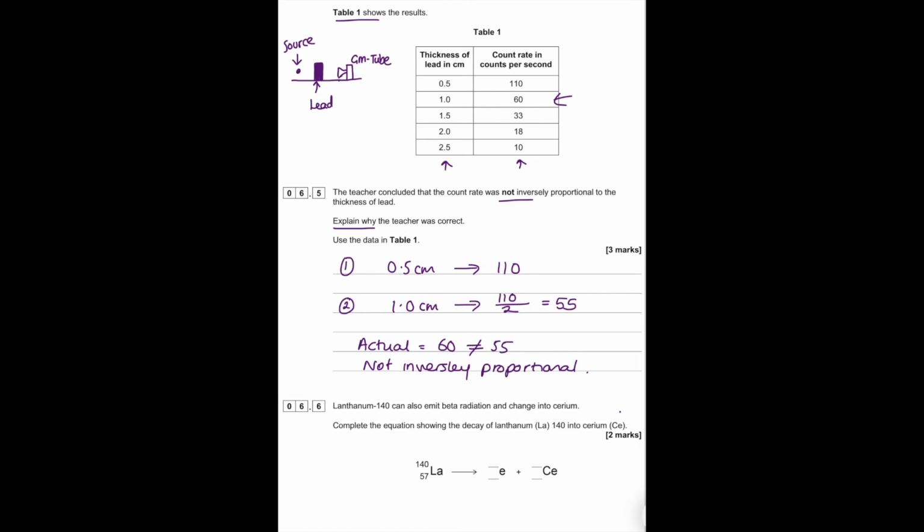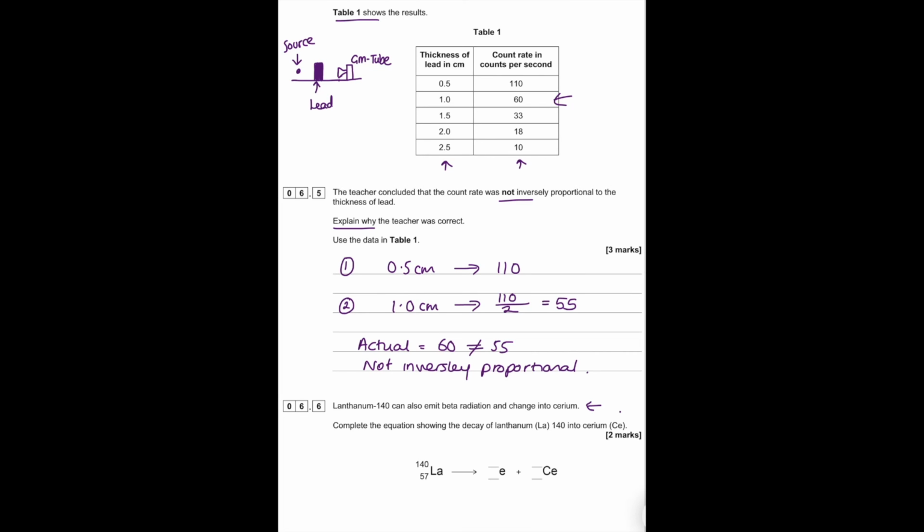Now, lanthanum 140 can also emit beta radiation. So, complete the equation showing the decay of lanthanum 140 into cerium using beta radiation.